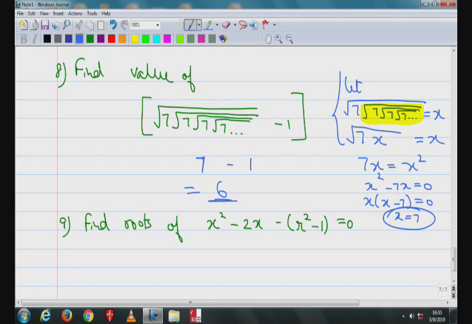Now try the next question. Find the roots of this equation, sorry.